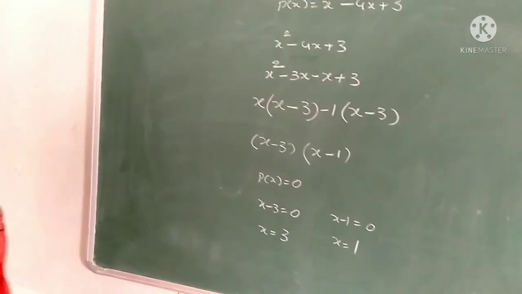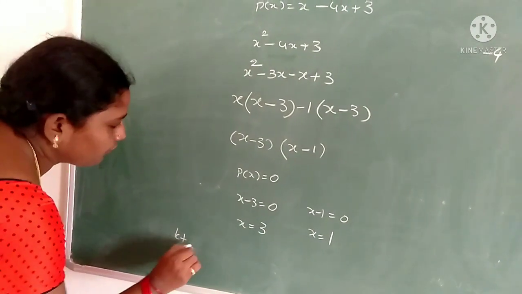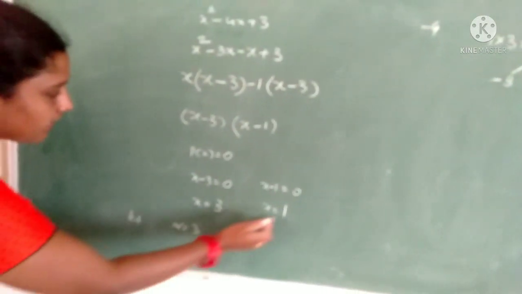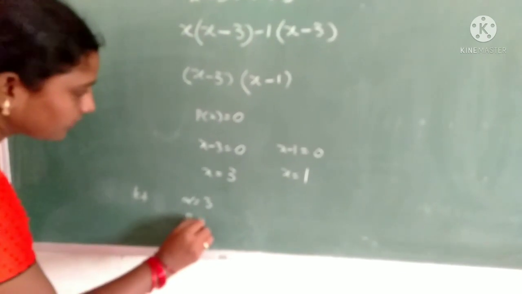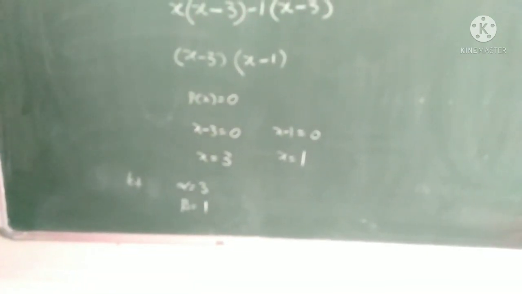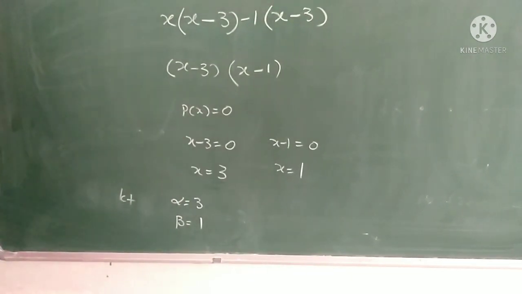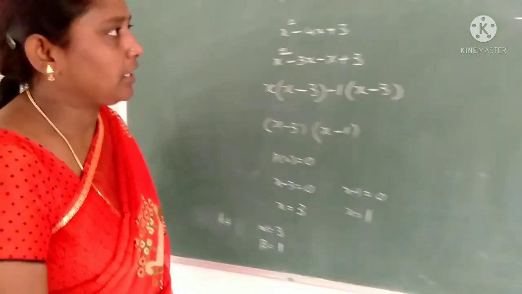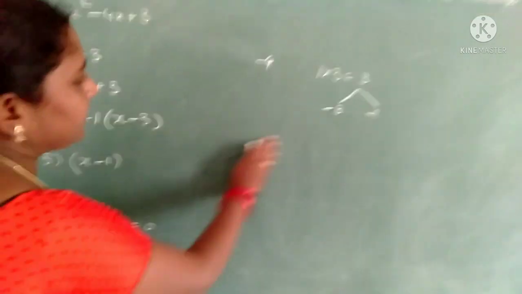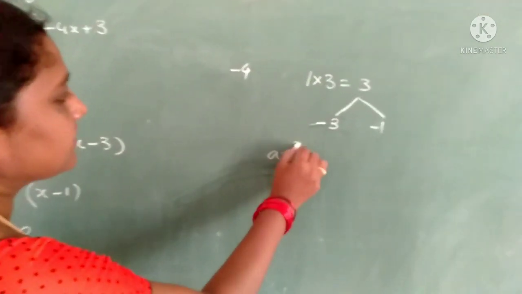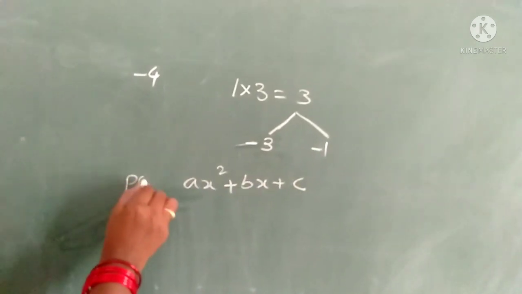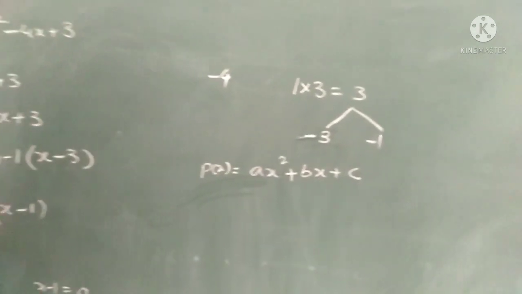So, first let us take the first zero alpha as 3. Next second zero beta is 1. So, what is the general form of a quadratic polynomial? ax square plus bx plus c is the general form of a quadratic polynomial.